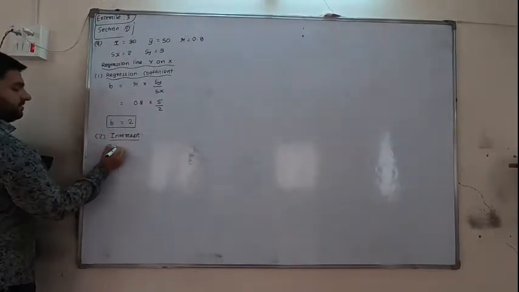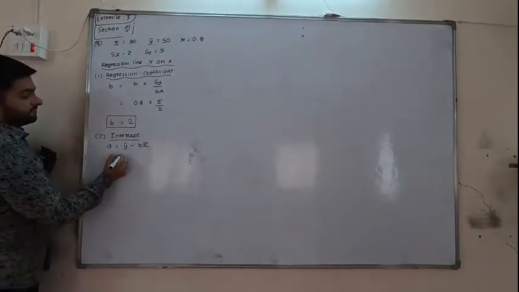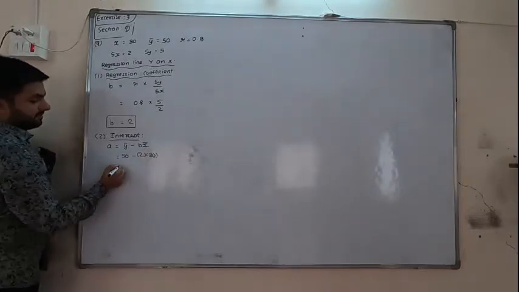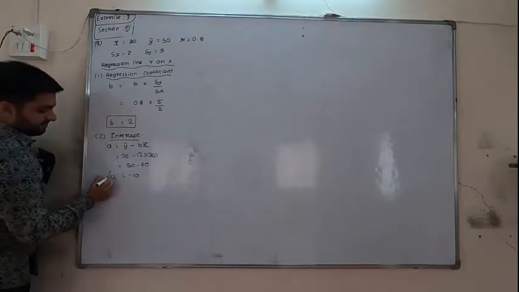Intercept a is equal to y bar minus b x bar. 50 minus 2 into 30, 50 minus 60, that is minus 10.